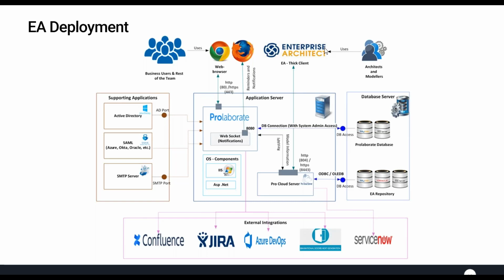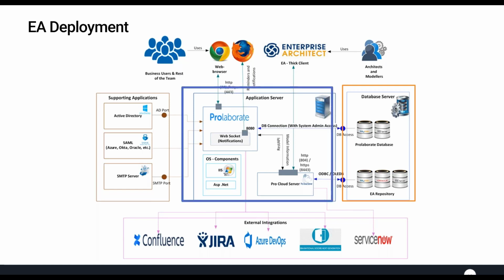And just a quick look at what goes behind. EA deployment has never been just install an application. You do have an application, but then you have all the repositories or the databases that go behind it, all the application servers and configurations that have to be done to enable it. And then you have the integrations with the LDAPs and SAMLs and SMTPs to make sure you are operationally well set.